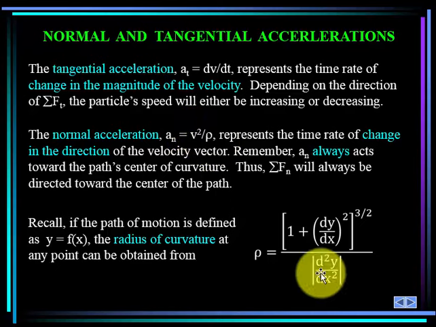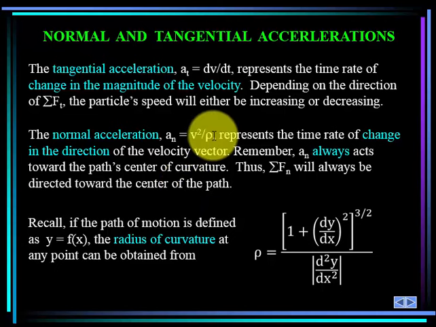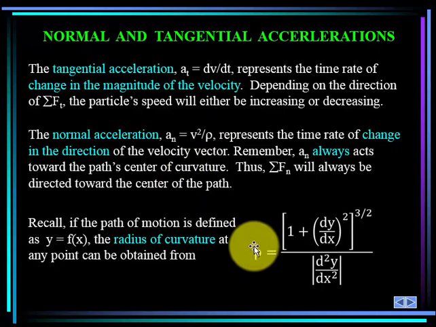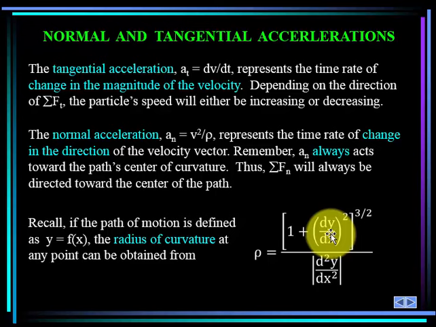We'll see that in a moment. Remember that the rho term, radius of curvature, can be calculated from dy/dx, a space derivative, not a time derivative, and the second derivative of y with respect to x, also a space derivative, not a time derivative.